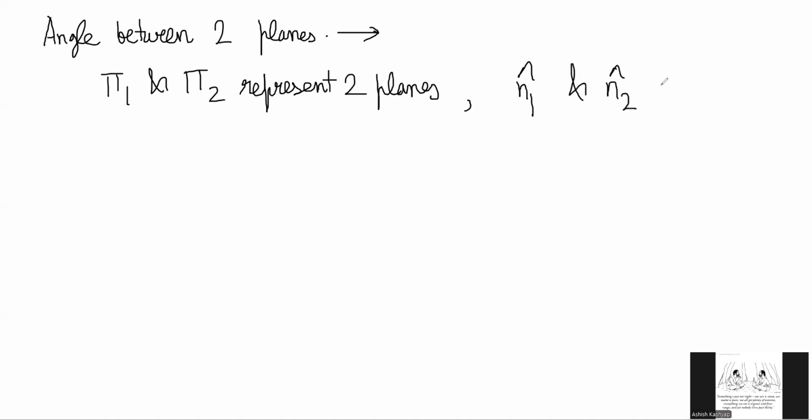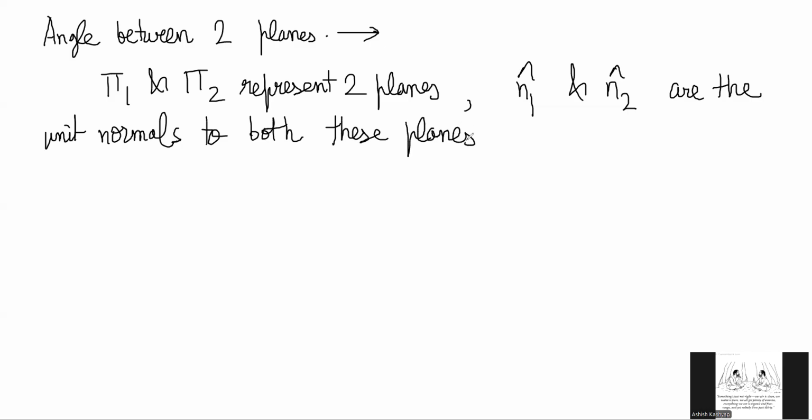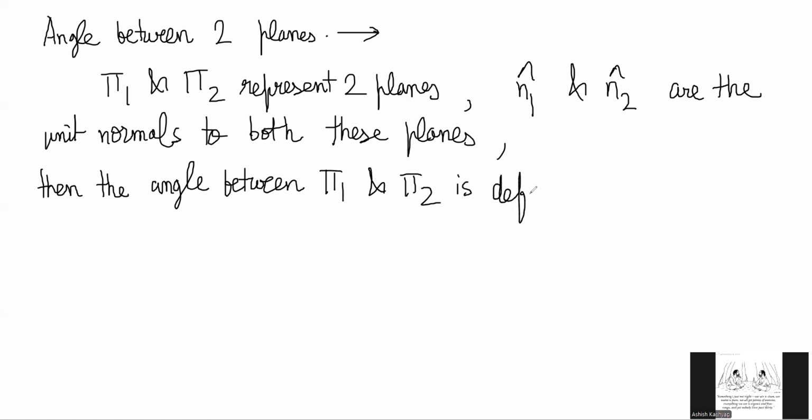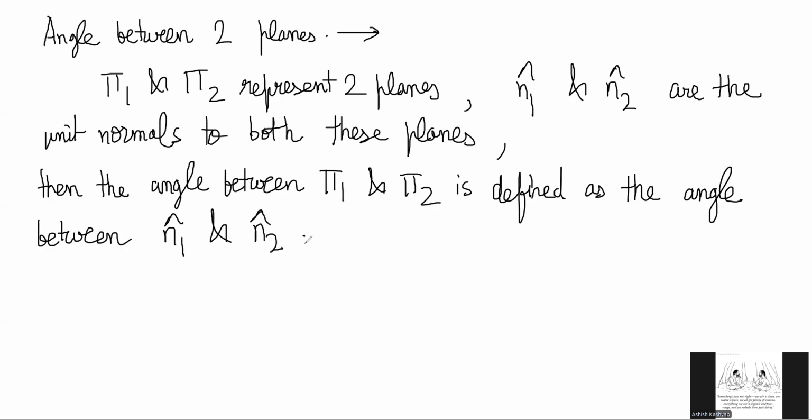So if pi 1 and pi 2 represent two planes, and if n1 vector and n2 vector are the unit normals to both these planes, then the angle between the two planes, the angle between pi 1 and pi 2, is defined as the angle between their respective normals, as the angle between the n1 unit vector and the n2 unit vector, right?